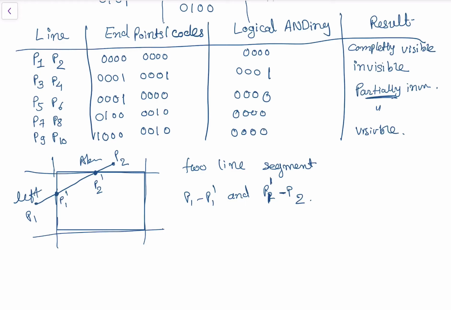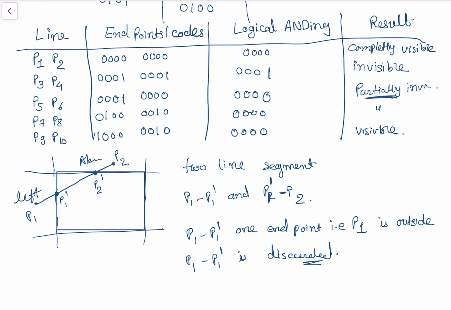We know that for P1 and P1 dash, one end point, that is P1, is outside the window, and thus the line segment P1 to P1 dash is discarded.